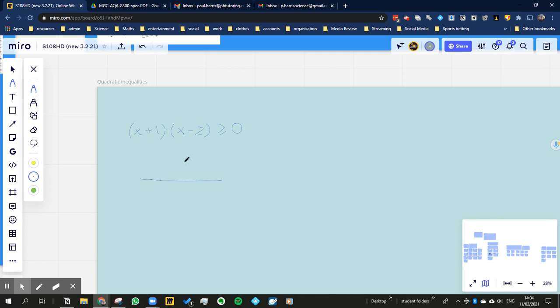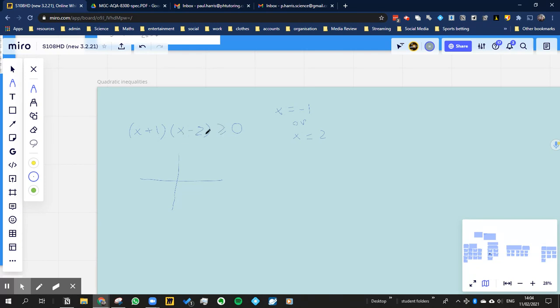Well, first of all, if it was equal to 0, we know that the solutions are x is either equal to minus 1 or x is equal to 2, right? Because either this is equal to 0, or this is, if this was an equal sign.